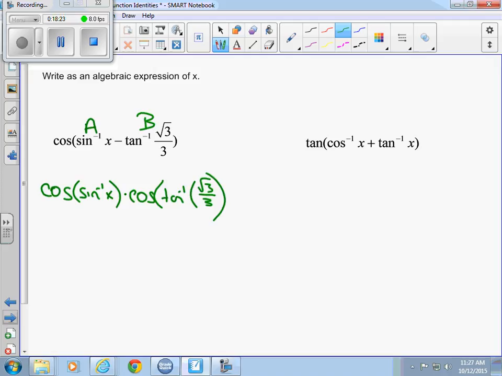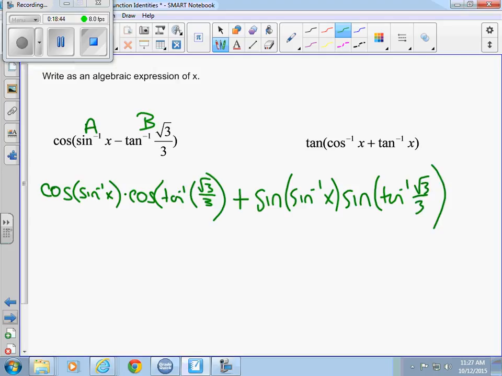What identity am I using? Cosine of alpha minus beta, or a minus b, plus sine of sine inverse x times sine of tan inverse radical 3 over 3.